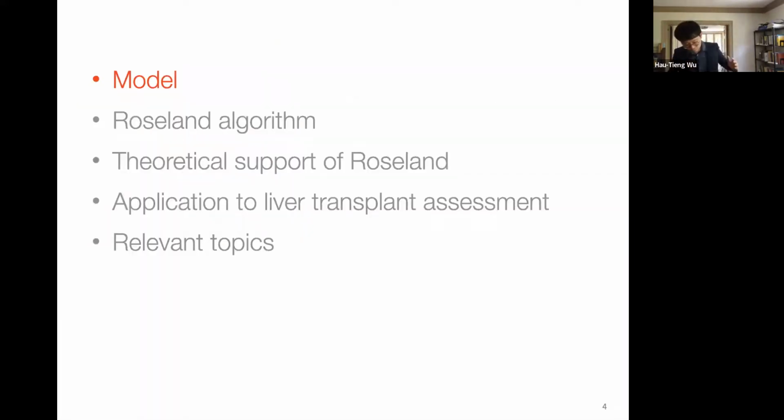With this motivation, in today's talk I will give you an idea of the model and a new algorithm, which we call the Roseland algorithm, and also some theoretical support for Roseland, and then come back to the application to the liver transplant assessment problem I mentioned before. In the end, depending on how much time I have, I will talk about some relevant topics.